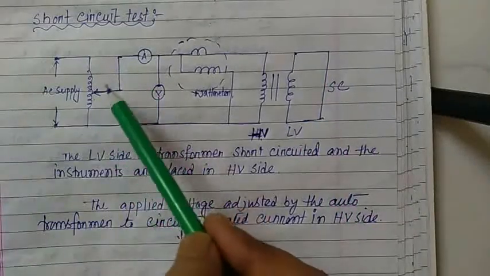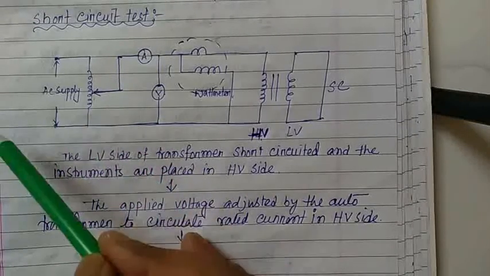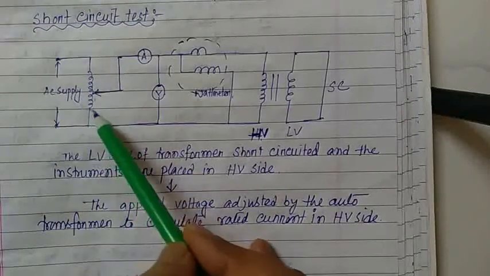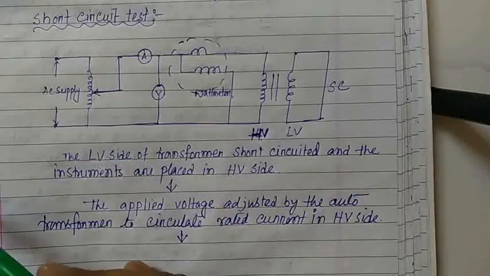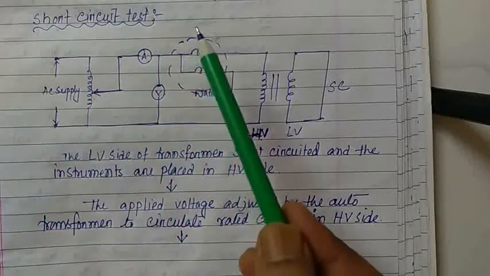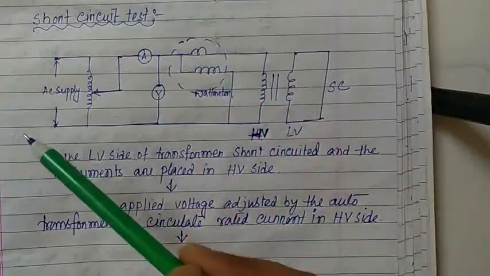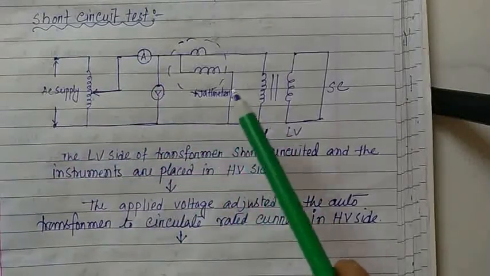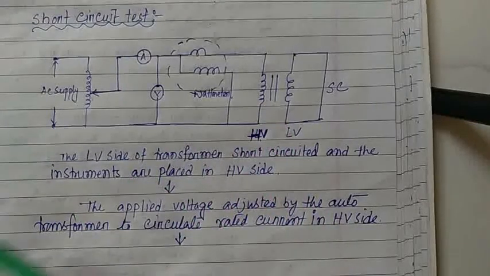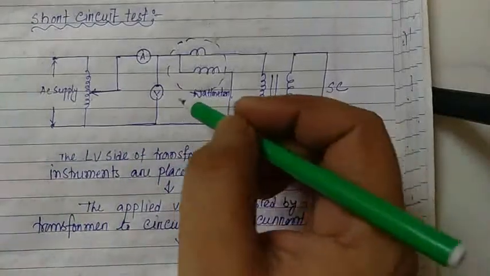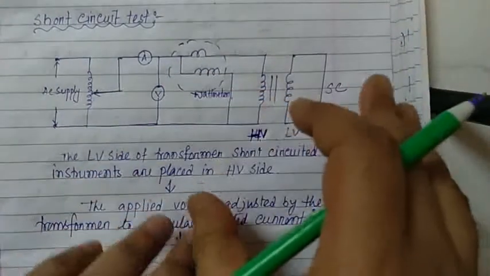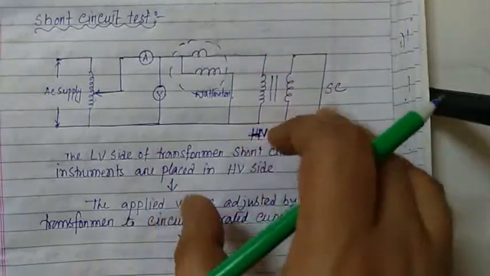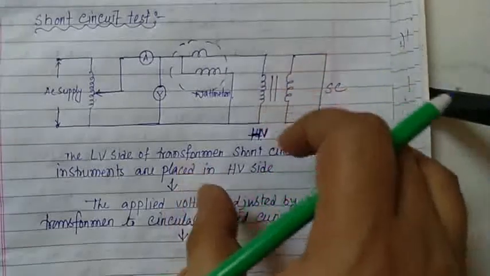Now, with the help of an auto transformer, the applied voltage is adjusted so that only the rated high voltage side current circulates. Here the requirement of voltage is very small, because the low voltage side is short circuited.